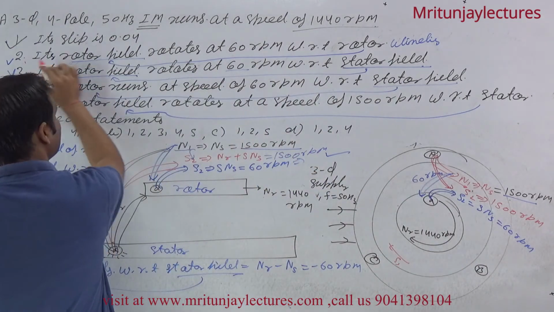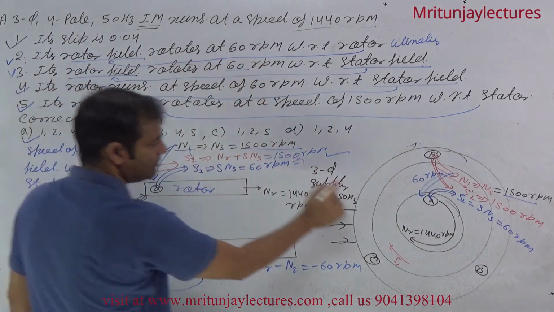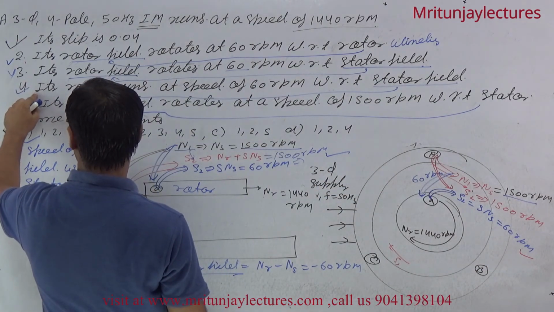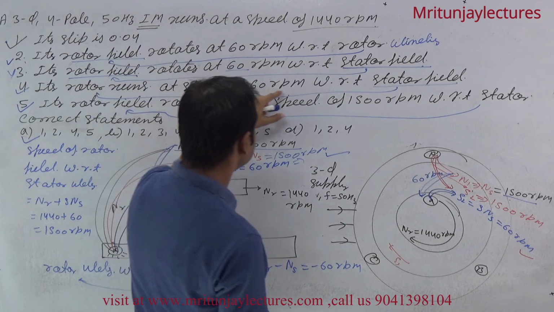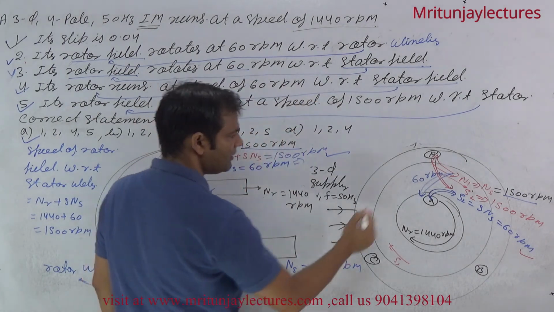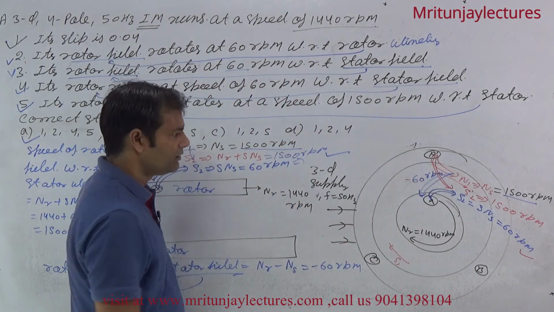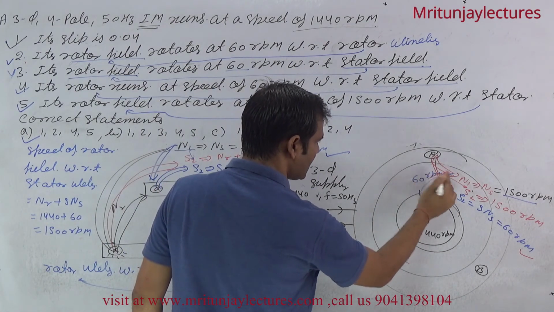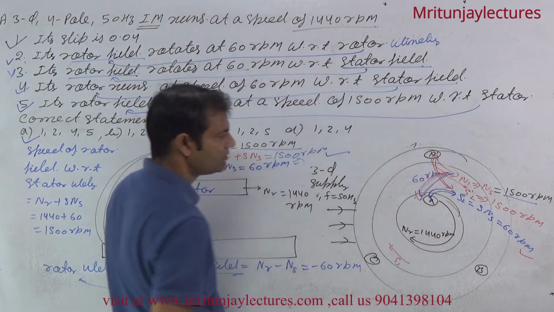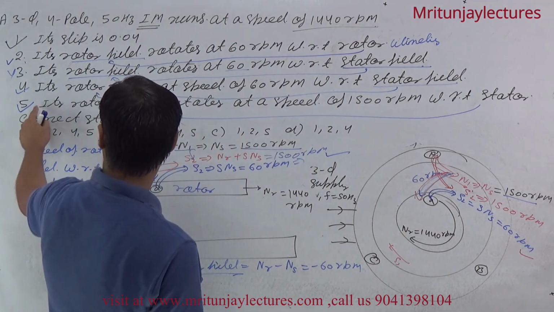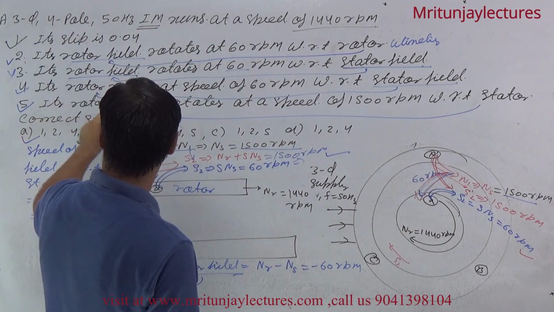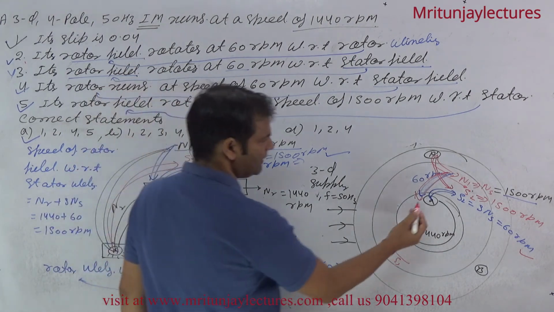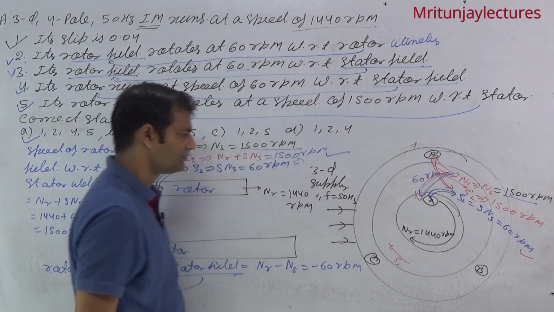Corresponding to the second part, the rotor field rotates with respect to this one. And the fourth one, the rotor runs at a speed of 60 rpm with respect to the stator field, that is like this one. If you represent direction also, you can say it is like this. And the fifth one, the rotor field rotates at a speed of 1500 rpm. It is also made like this. So make it.